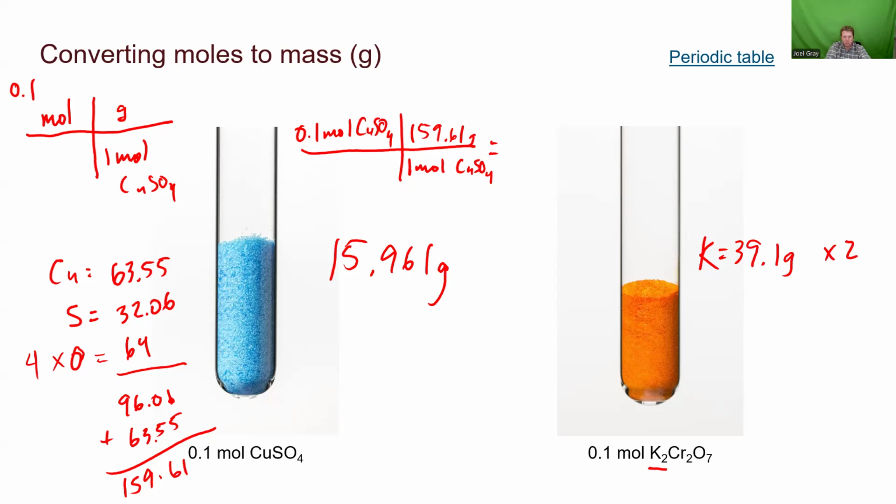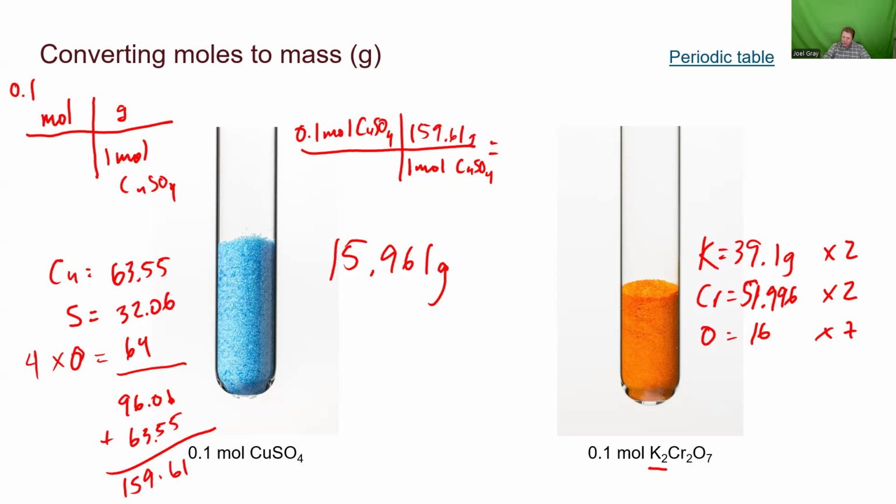Cr is 51.996. Multiply that by 2. O is 16, but I got to multiply that by 7. So this is a pretty hefty number. So 39.1 times 2. That's 78.2.